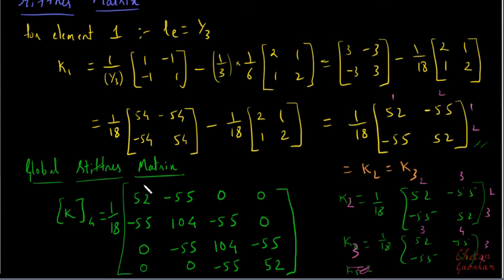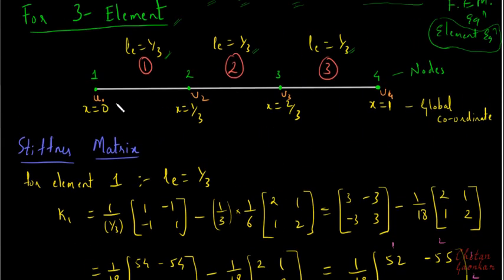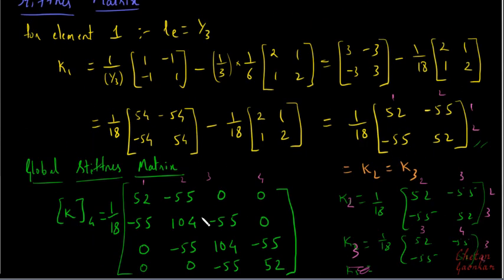I will get the total size as 1 2 3 4, because there are four nodes, and the degree of freedom of each node is 1. That's why I'll get a 4 by 4 matrix. And then 1 by 18 is common for all three matrices, which I have taken out.